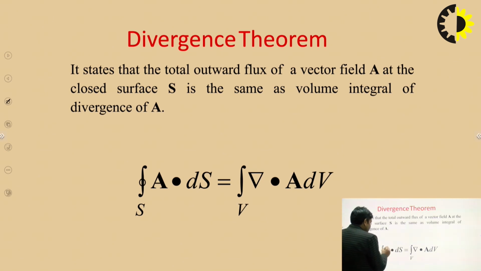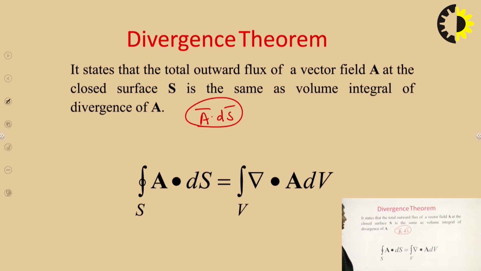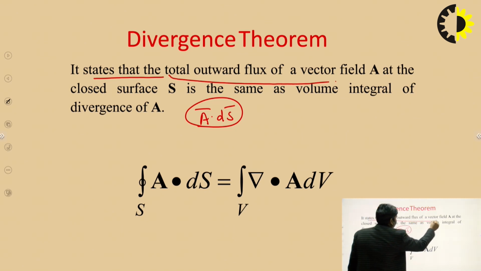If vector A is defined here, the total outward flux is defined by A dot ds. So if we diverge through that particular surface area, it produces a total outward flux.